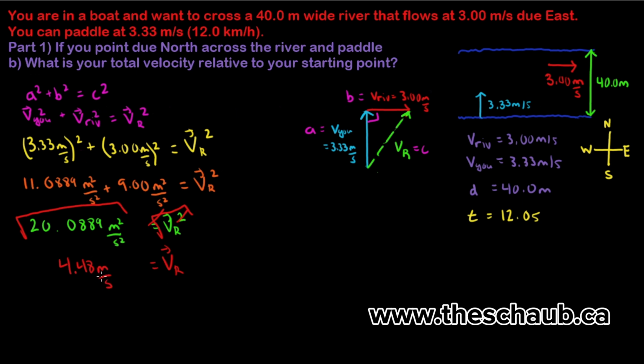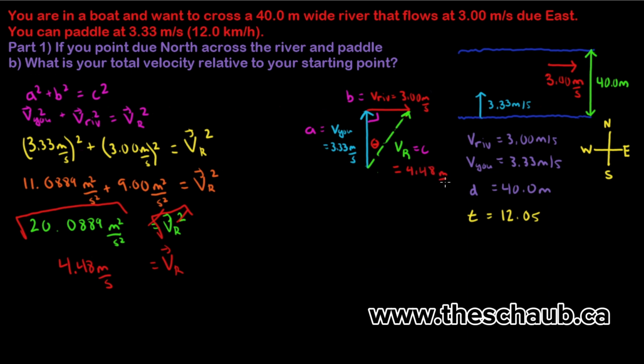So this is the magnitude of our resultant velocity. But velocity also has an angle or a direction in it. So next we need to find this angle right here so that our velocity can have both a magnitude and a direction.